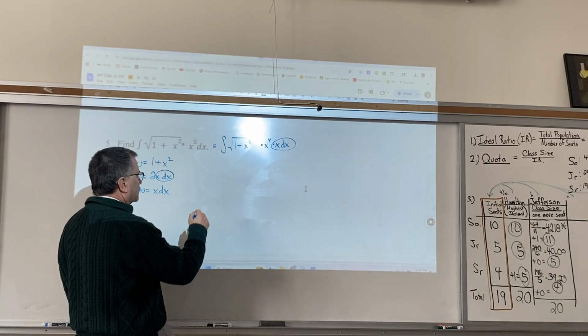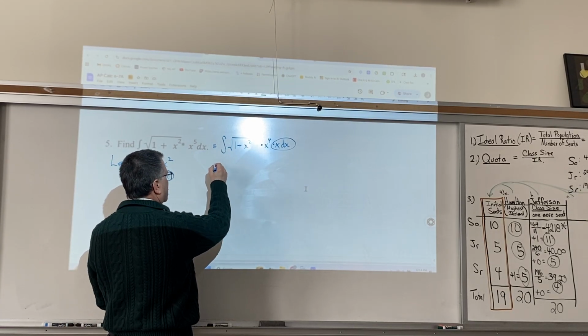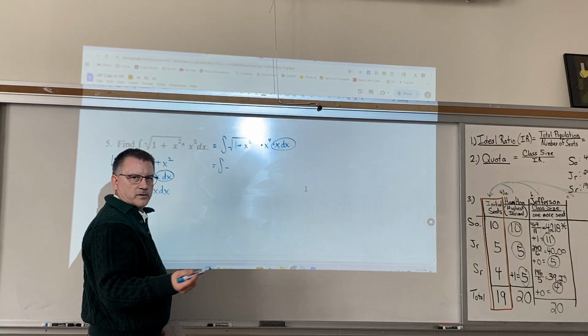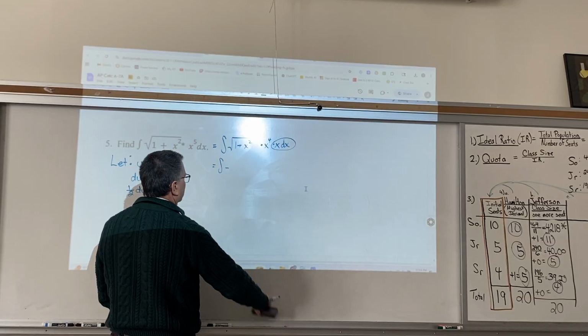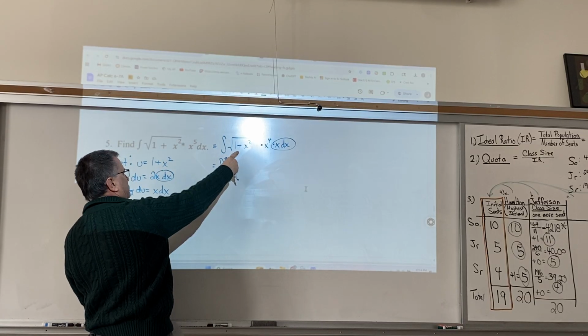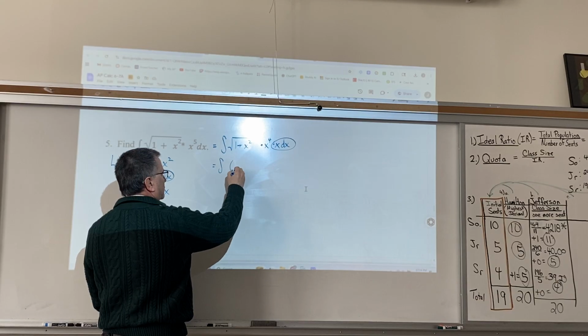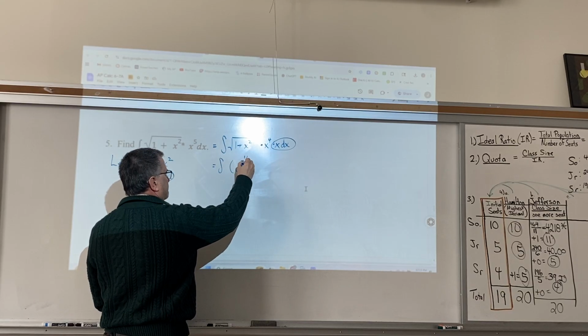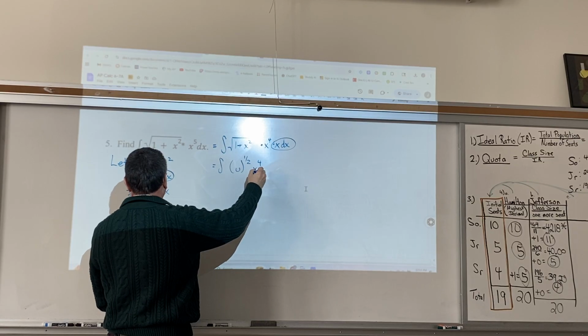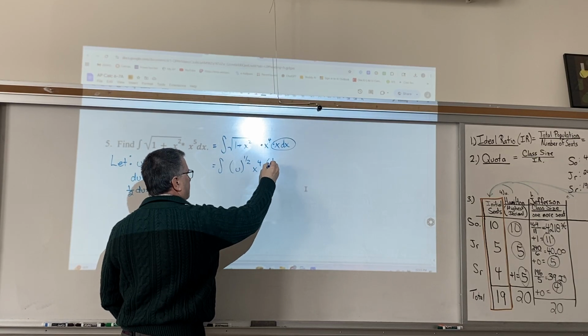So, this will become the integral of this, or do you want to call it to the 1/2 power instead of square root? So, that is going to be u to the 1/2 power, x to the 4th, and that is 1/2 du.